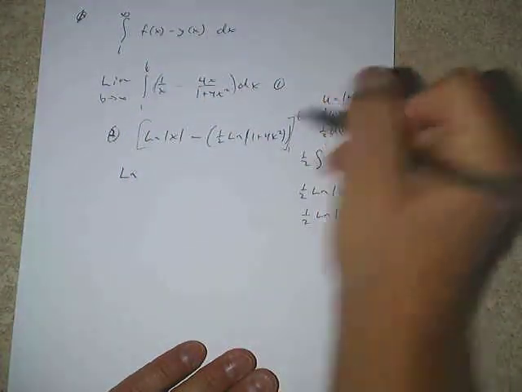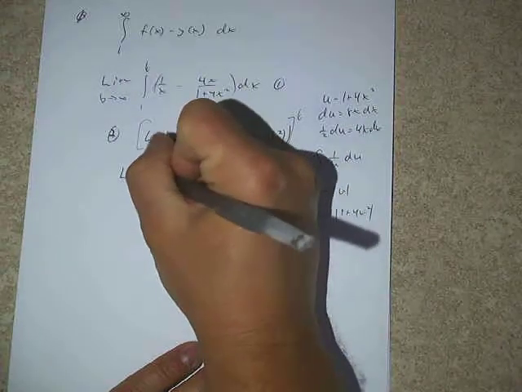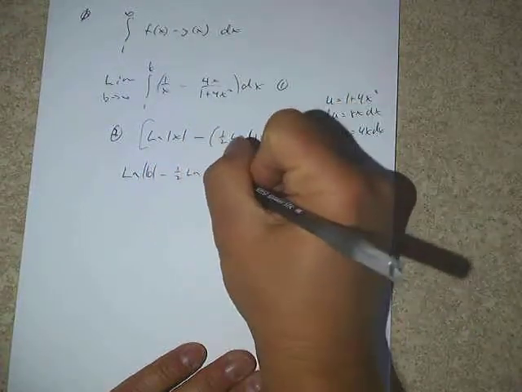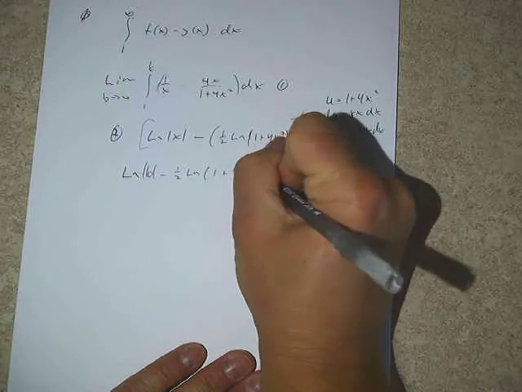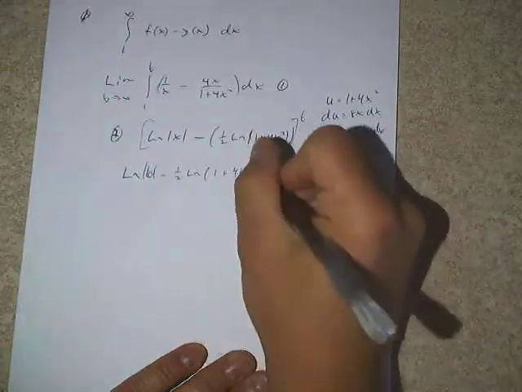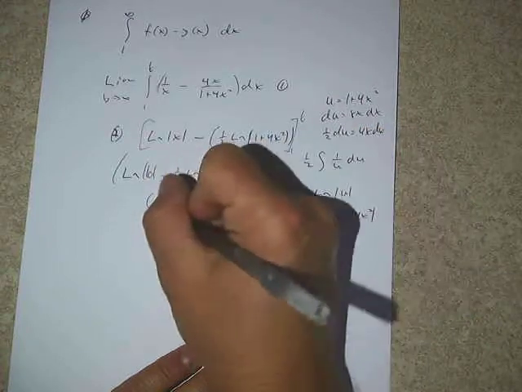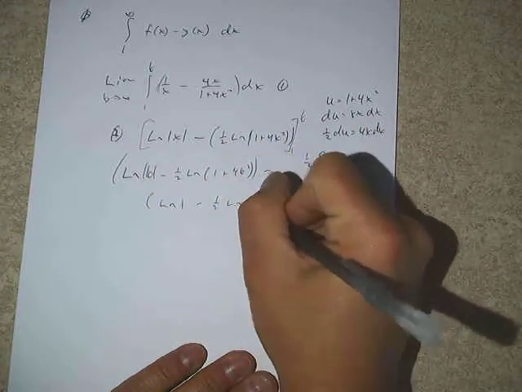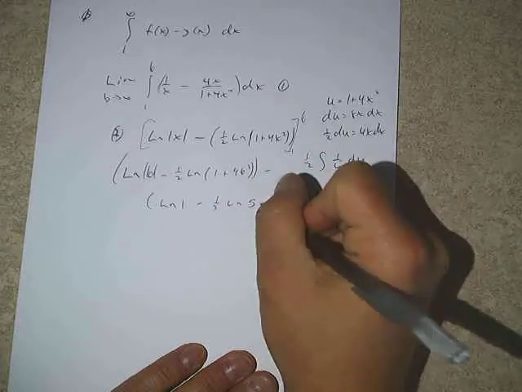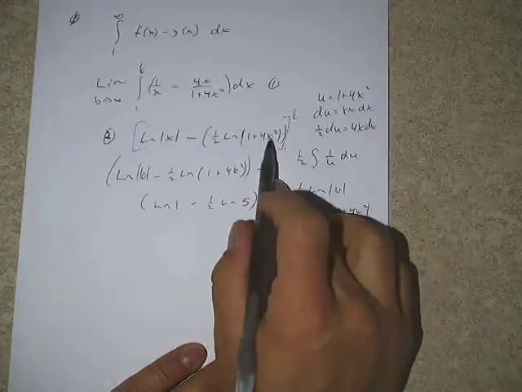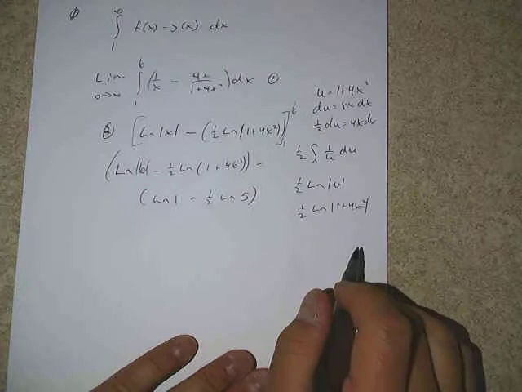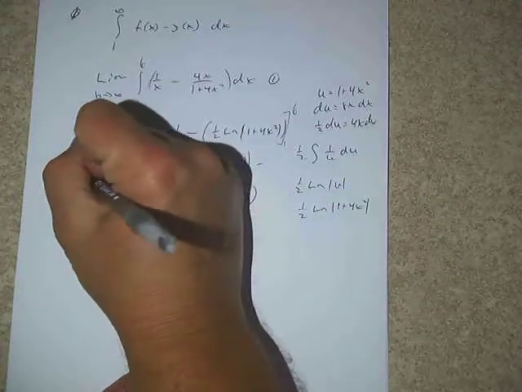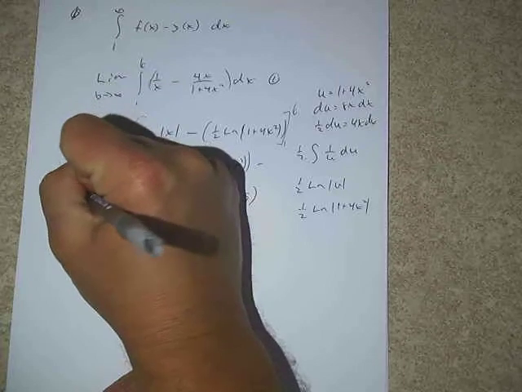Alright, and then the final part is for coming up with an answer for that. So keep in mind that we're evaluating that from 1 to b. So we do ln b minus 1/2 ln of 1 plus 4b squared, that'll be that part, minus ln 1 minus 1/2 ln 5.